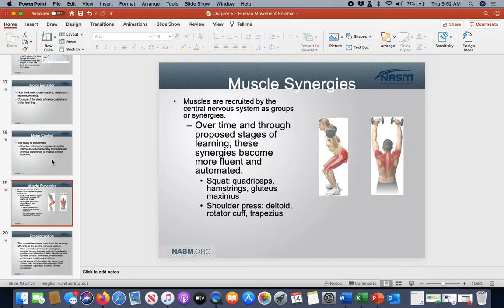Okay, that's one of the cool parts about that, is that synergies are meant to be there so that you can move correctly. Think about it too, just say you haven't squatted in a while, but then you squat with some weight on your back, and then you wake up the next morning and you're like, man, it feels like the inside part of my quads are really tired.